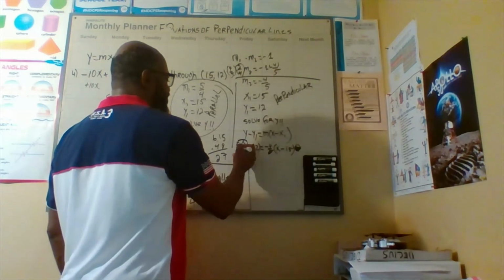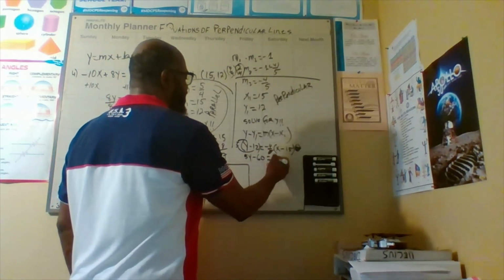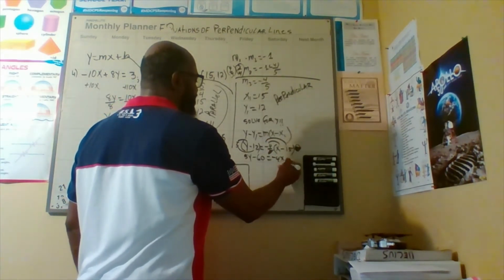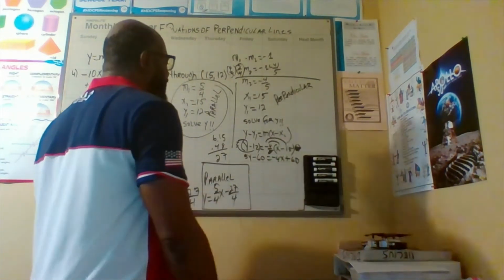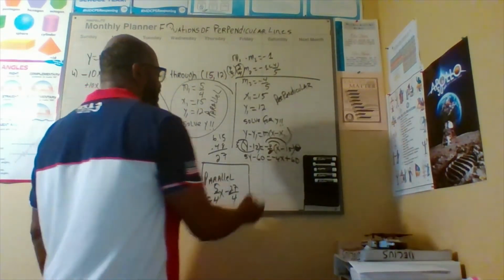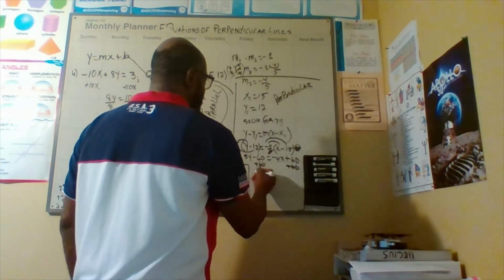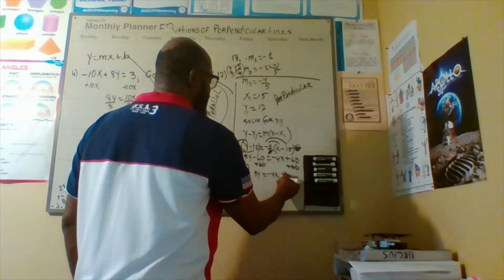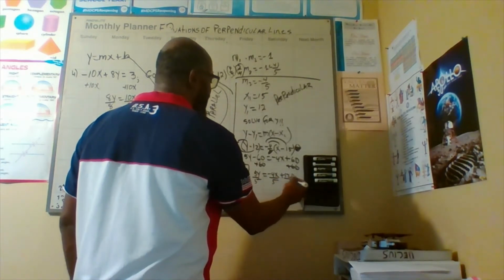Then you add 60 on each side, then you will have 5y equals negative 4x plus 120, divided by 5, then you will have y is equal to negative 4/5 x plus, I believe 120 divided by 5 is 24. Then that will be the equation that is perpendicular.